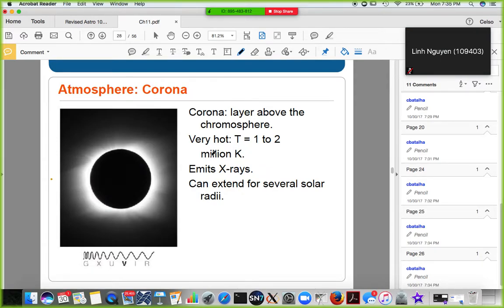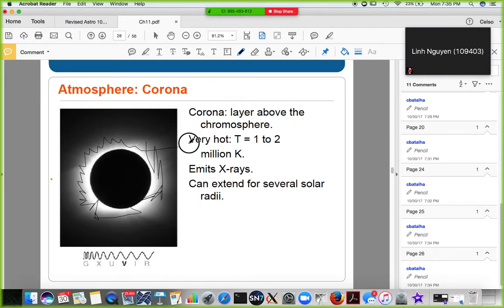Now, above the chromosphere is corona. Those of you who went to see the solar eclipse, we went to Oregon. It's a great time. So if you did that, you saw that the photosphere is blocked. The chromosphere might be blocked too, but you still can see a bunch of brightness coming out of the sun.